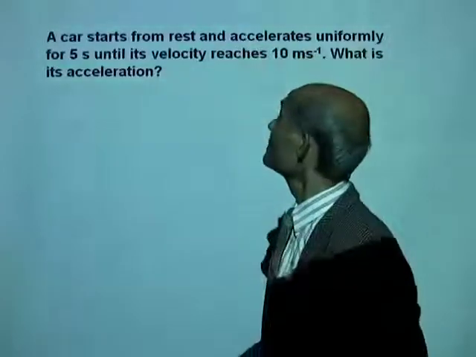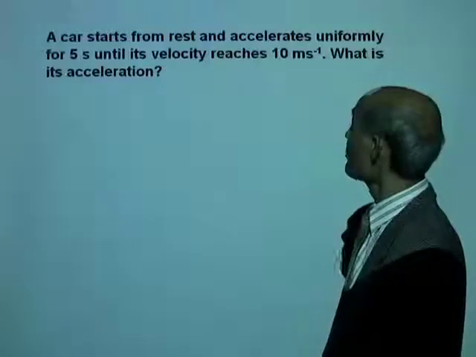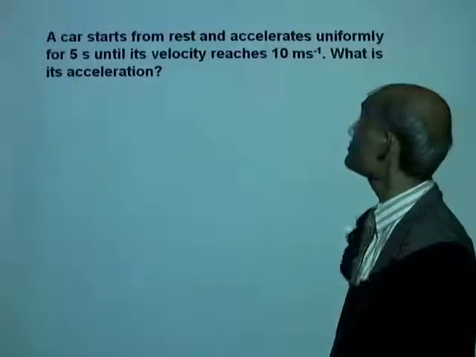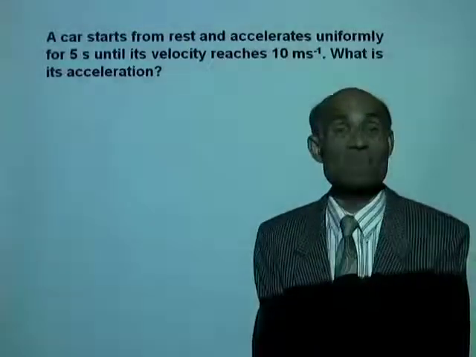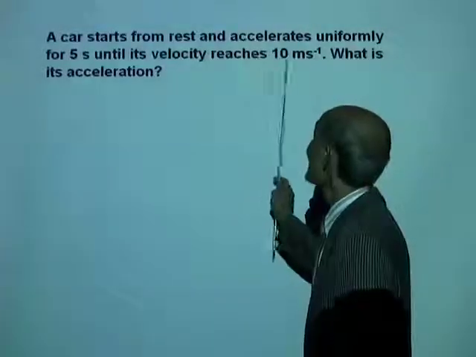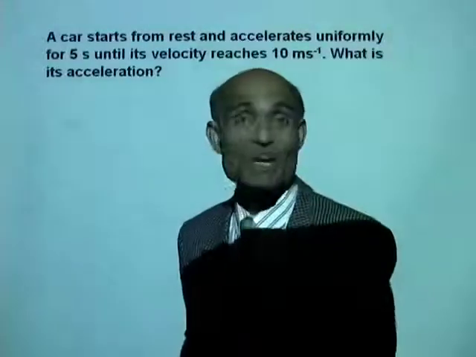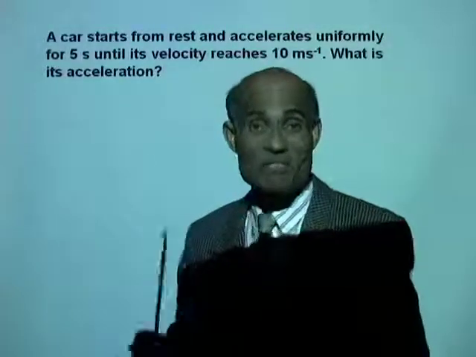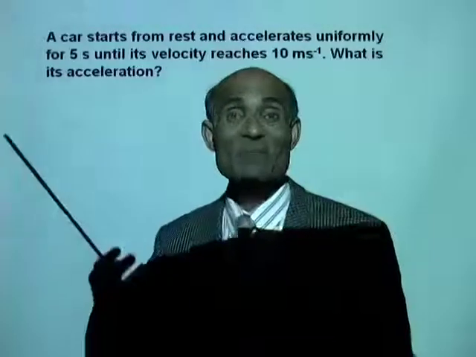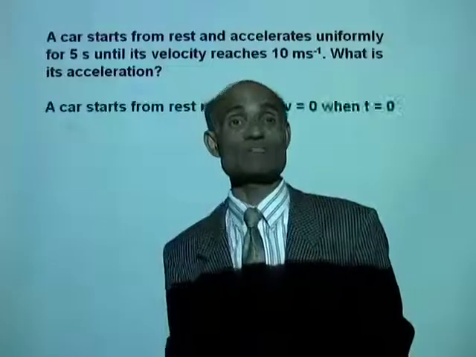let's do a small problem. A car starts from rest and accelerates uniformly for 5 seconds until its velocity reaches 10 meters per second. What is its acceleration? Well, that is a fundamental problem which can be done very easily by using the definition of acceleration.